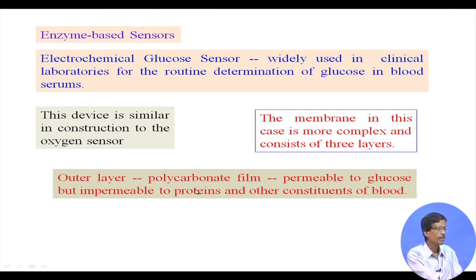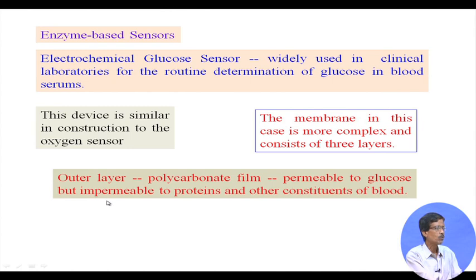It is a polymeric material with a large number of carbonate groups. The polycarbonate film, the PC material, like PP, is permeable, that means it allows something to pass. Glucose is a bigger molecule compared to O2.